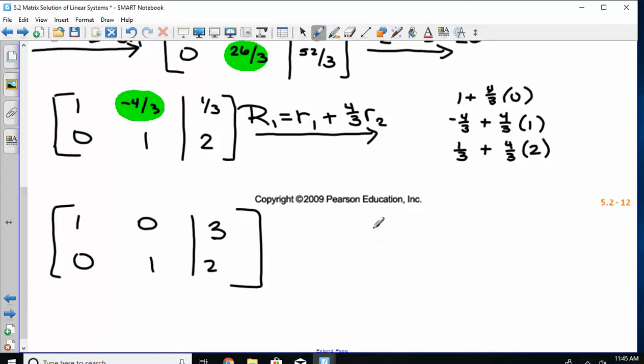So what's my answer? X equals 3, y equals 2, according to your ordered pair.